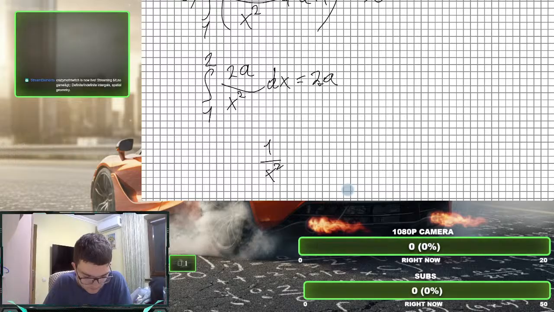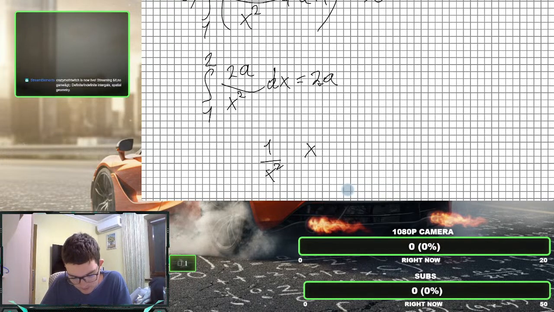Well, essentially, take a look at the table here. If you have 1 divided by x at the second power, perhaps you can flip it, so it'll be like x to the power minus 2, and then you just apply that formula, so it will be x to the power of minus 1 divided by minus 1.